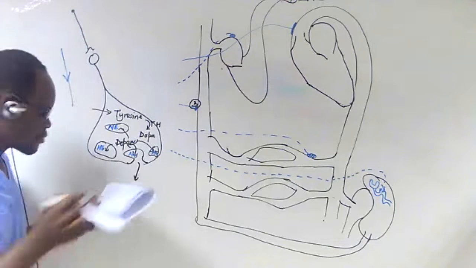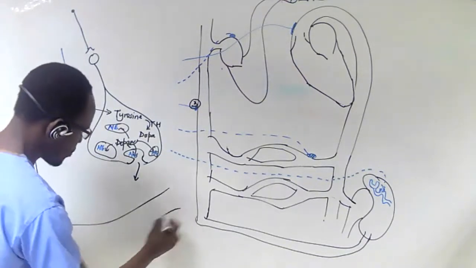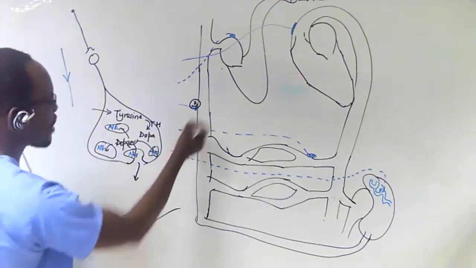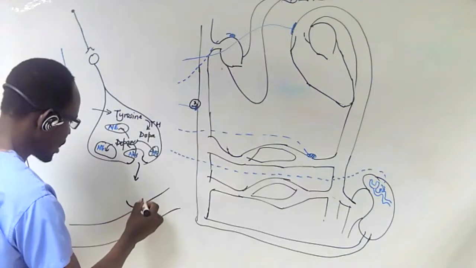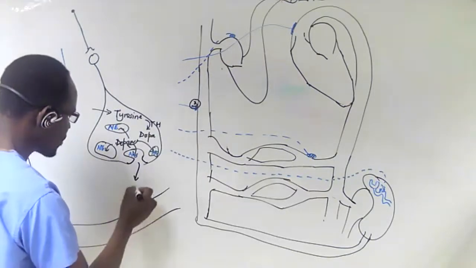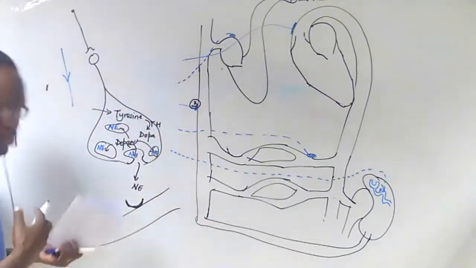It is released to the effector, assuming this is our effector organ, like in this case the blood vessel. We have adrenergic receptors here, where norepinephrine will act.